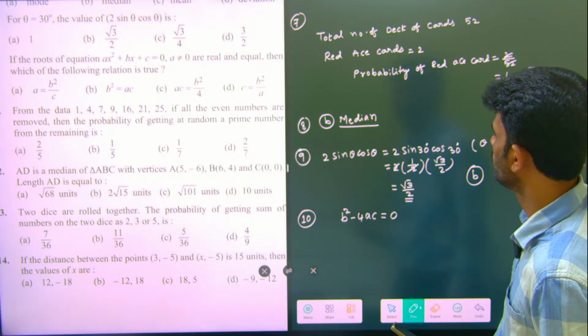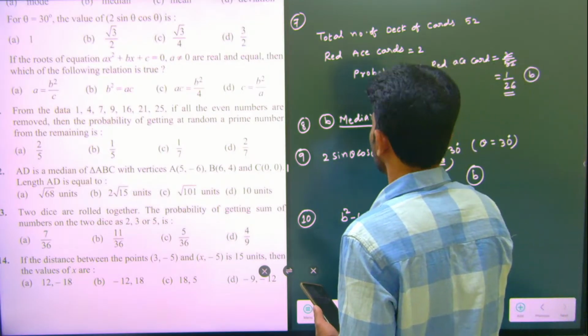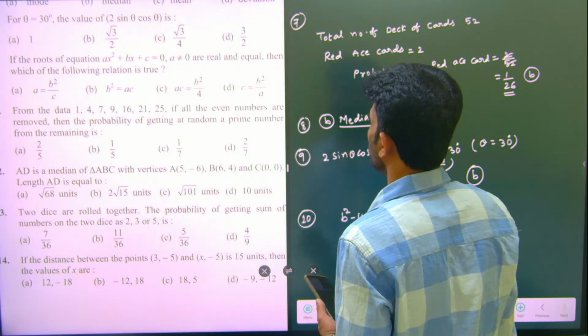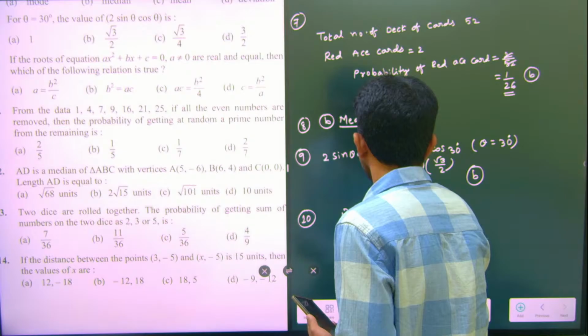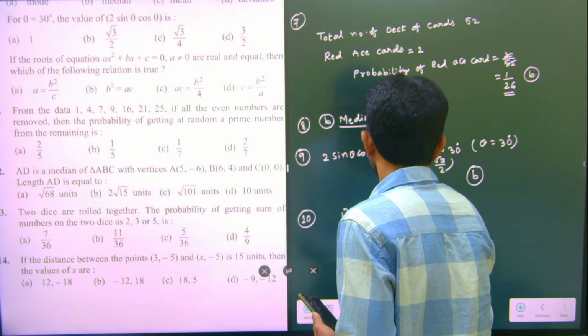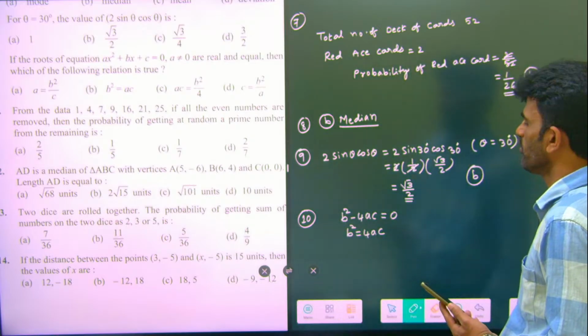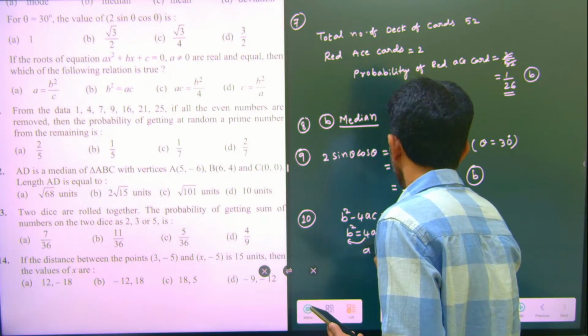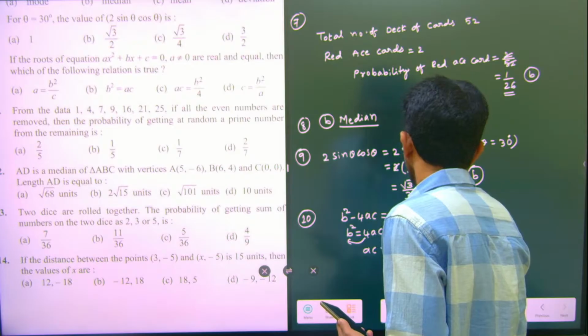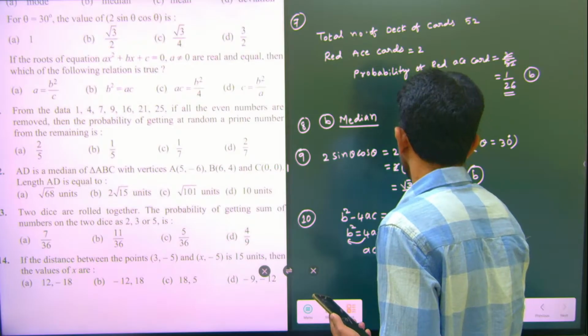No. Then what we find? They have given the ac value. So if we send 4ac that side, we get b square is equal to 4ac. Then from this, send 4 here. Then what we get? A into c is equal to b square by 4.